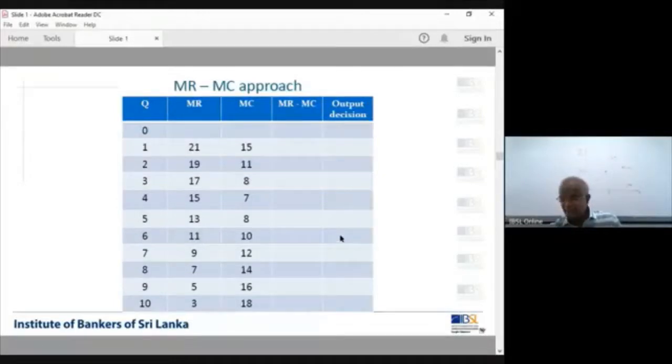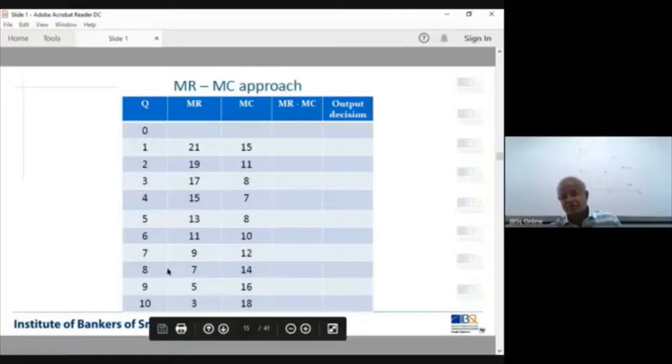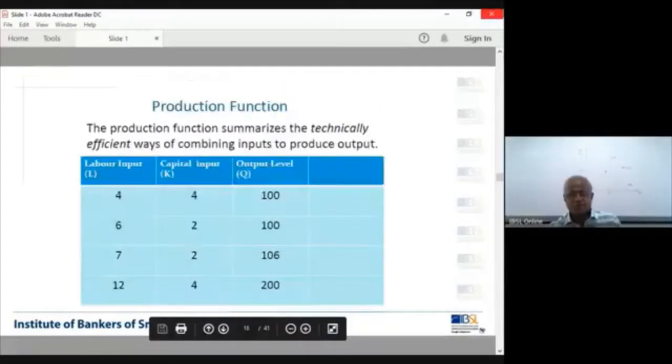After that, if the company goes to other output levels, the eighth or ninth, your marginal profit will be negative, so you cut down. So this will be the optimal level of output. We call it the profit maximizing output level.